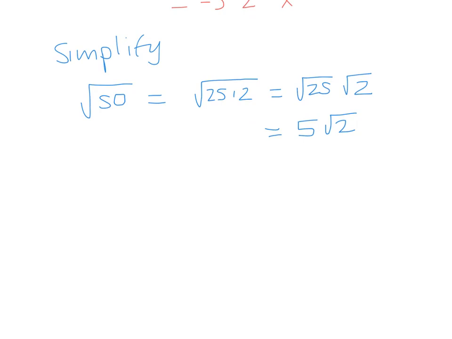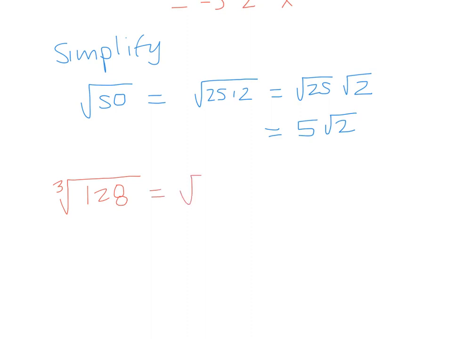Now let's look at one with a cube root. Let's take the cube root of 128. Okay, so the trick here is how can we factor 128 so that one of the factors is a perfect cube or some number cubed?